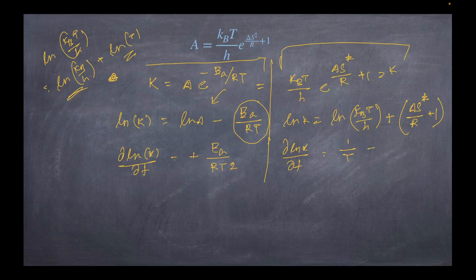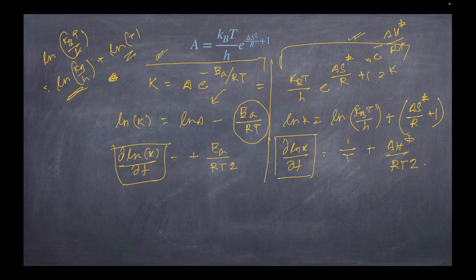And it is also multiplied by e to the power minus delta G double dagger by RT. Now it will be just plus delta H double dagger divided by RT square. This side is d ln K by dT from the Arrhenius expression, and this side is d ln K by dT from the transition state theory approximation.